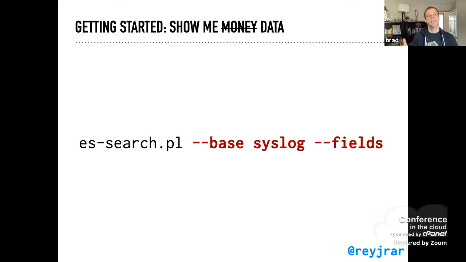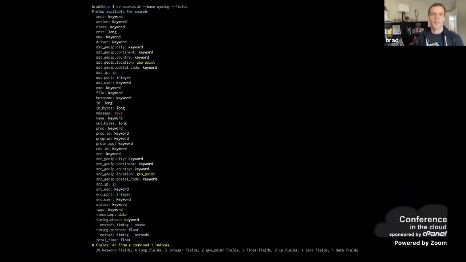Once you have the bases, you might want to say, okay, what is actually in this index? So here I'm saying, look in the syslog index and show me all the fields. This may be hard for you to read, and it's not super important that you can read every line, but we're dumping all the field names.